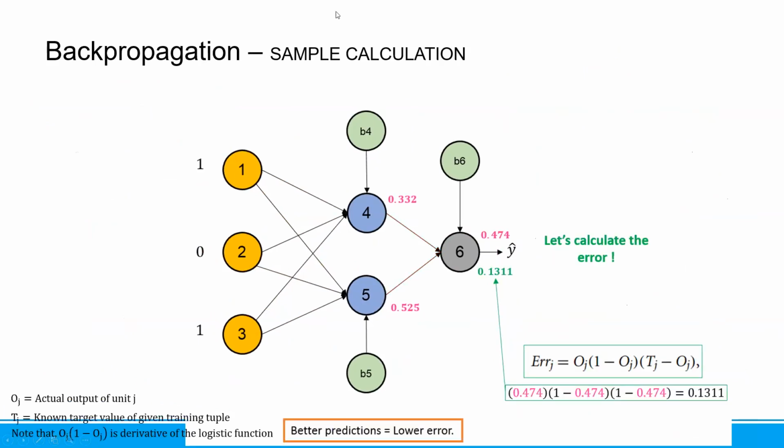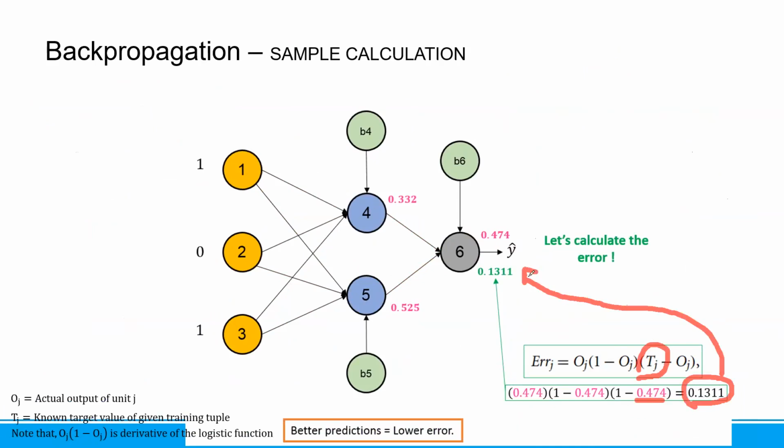Then I will calculate this error. I know the output, which is 0.474, so I use the formula 0.474 multiplied by 1 minus 0.474, and then Tj, the target value, which is 1, so we have 1 minus 0.474. And this is the error rate for this one.